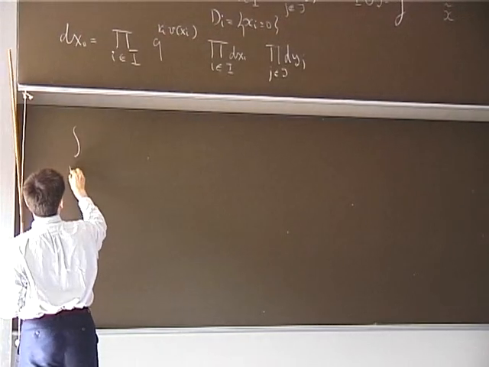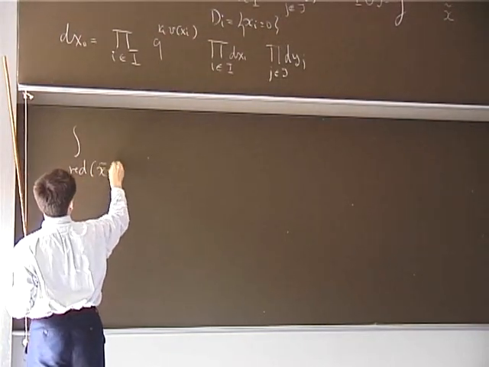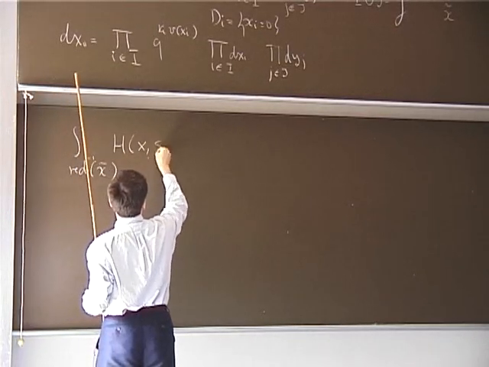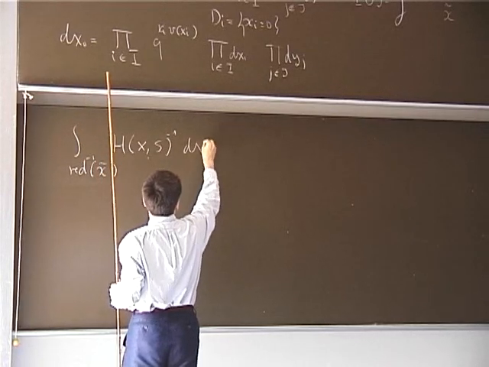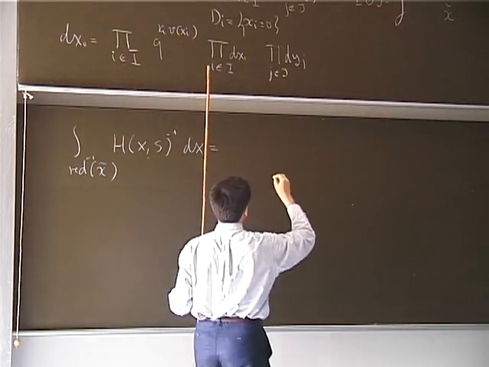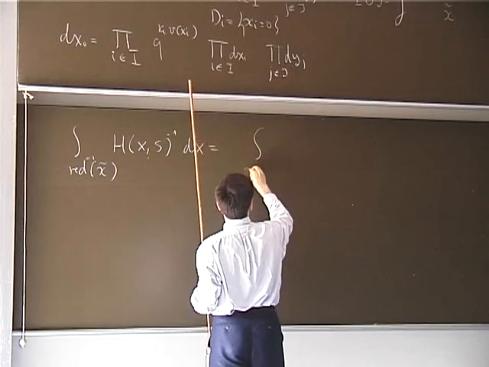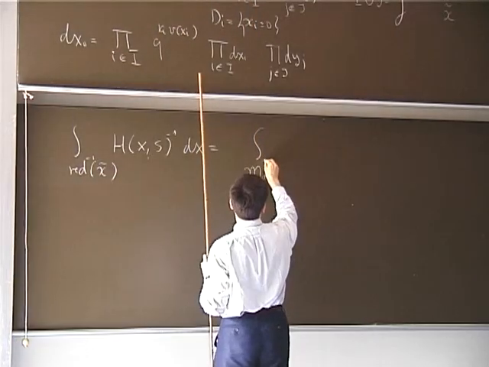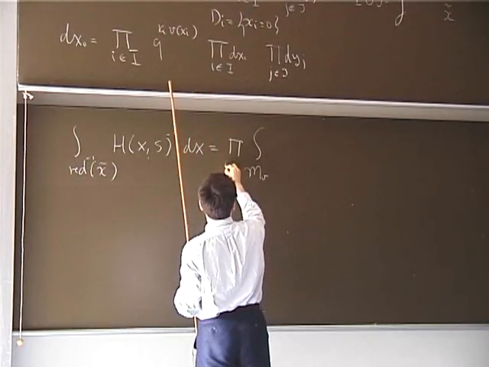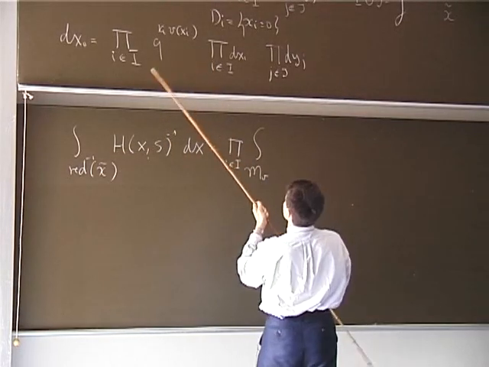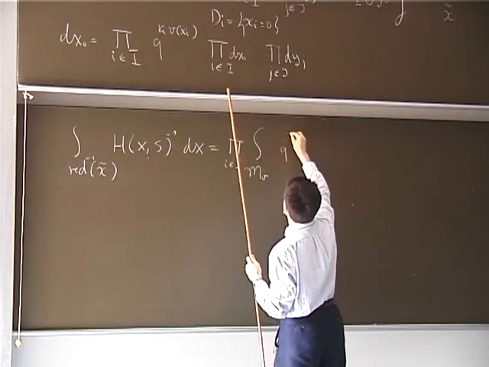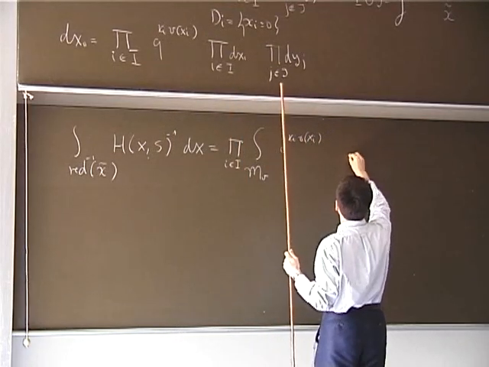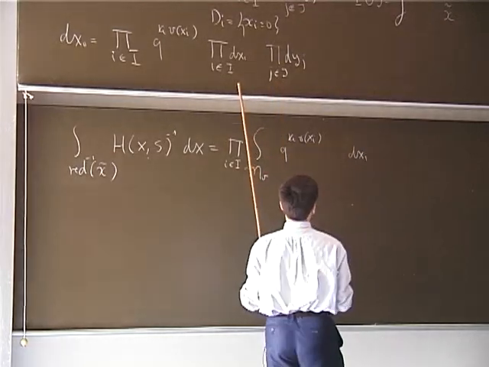So the integral over this space, of H(x)^(-s) dx, is going to be an integral over, well, we have already fallen into the neighborhood of the D_i's, so a product over i in I of these expressions, q to the kappa_i times the valuation of x_i, dx_i, and now we need the height function.